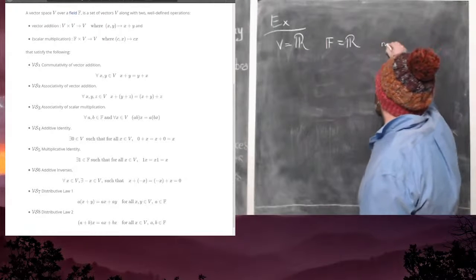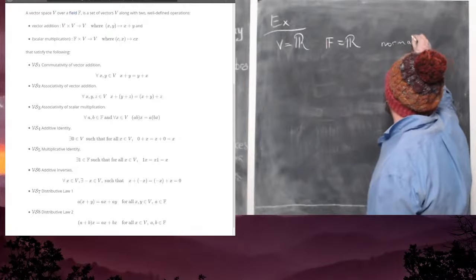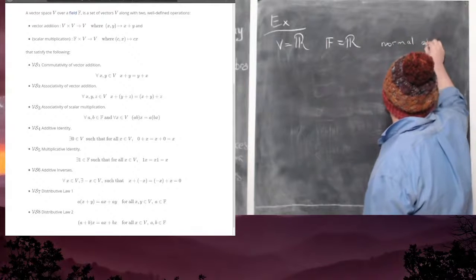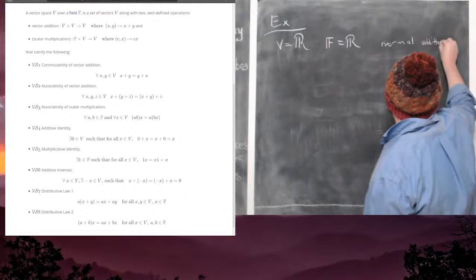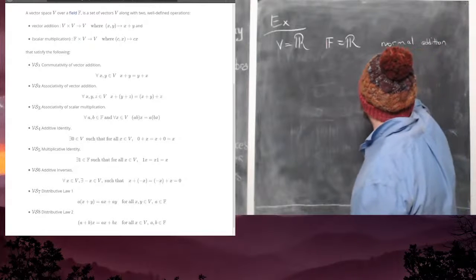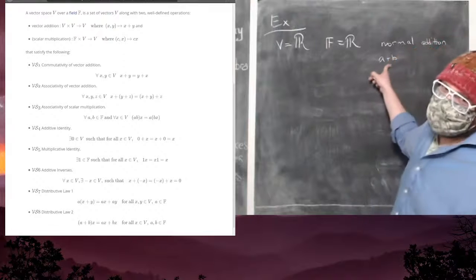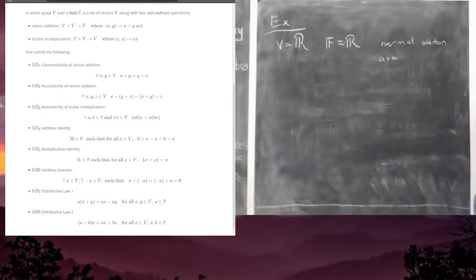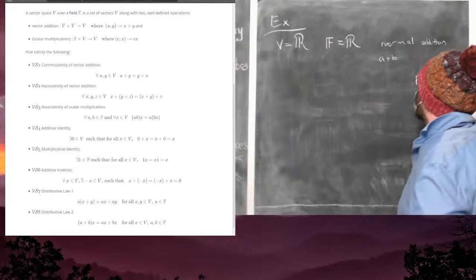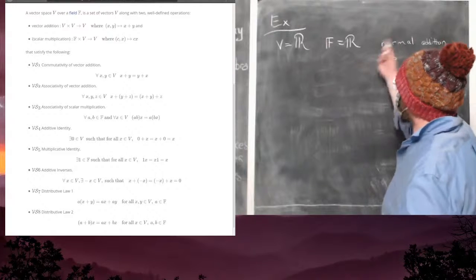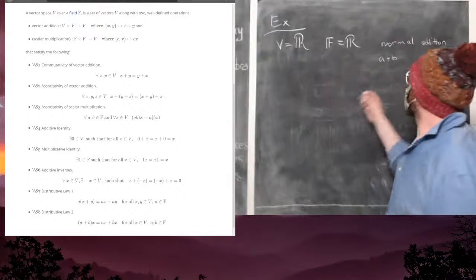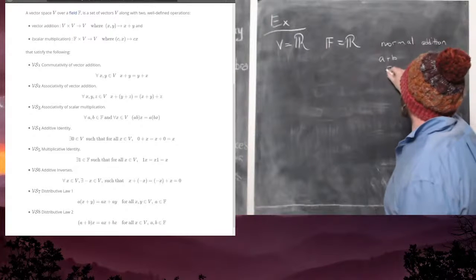Just normal addition. A plus B is the normal way you would always add two real numbers. And then for scalar multiplication, you just multiply two real numbers. So here's an example of this.